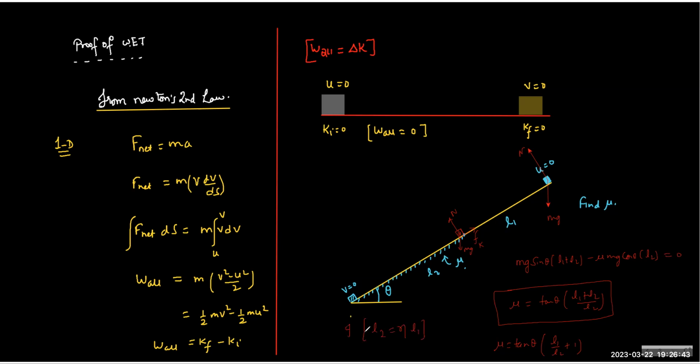If this is the case, then mu becomes 1 by eta. So tan theta into (1 by eta plus 1), right?